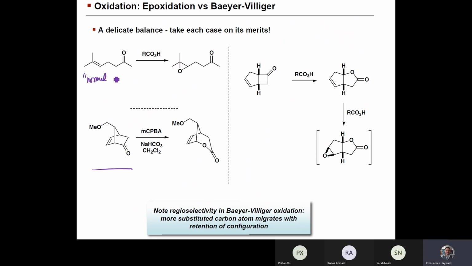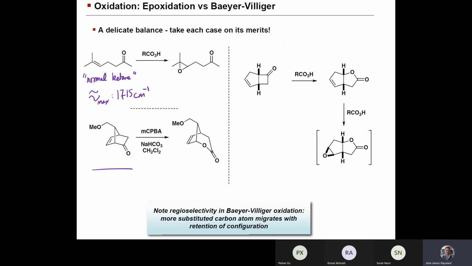The reason that we're going to call it normal is that when we look at this substrate under IR, we see a stretching frequency for the ketone, nu tilde max, of 1715 wave numbers.